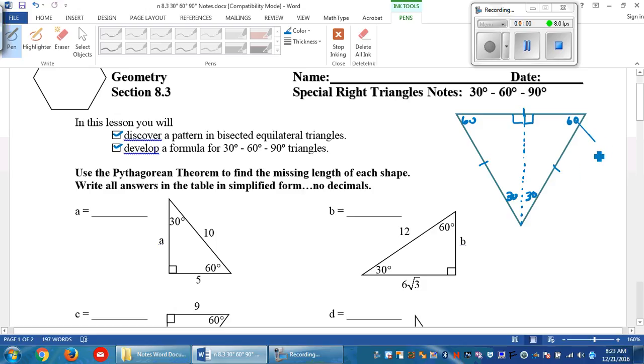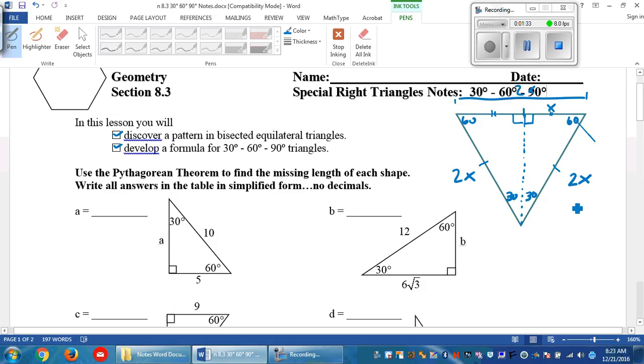That being said, if we started with each side length being 2x to make it easy for us, half that side would be x, because we cut this in half. Because it's an equilateral triangle, this altitude is also a median, bisects it, so these two pieces would be congruent. So if this was 2x, each one of these is x.